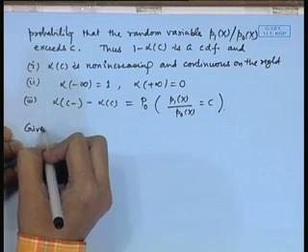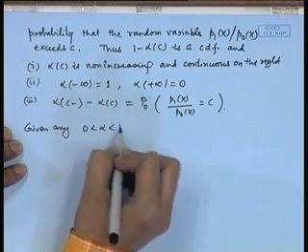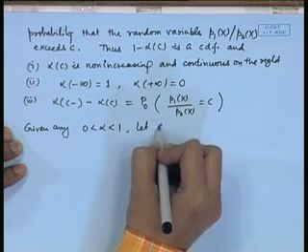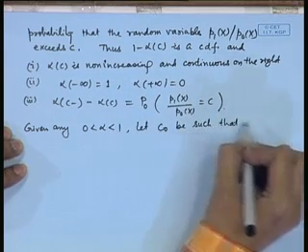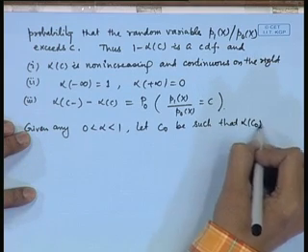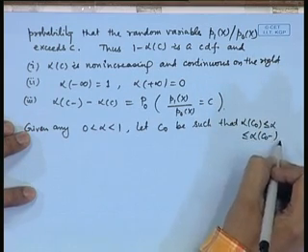So given any alpha such that alpha is between 0 and 1, let C naught be such that alpha C naught is less than or equal to alpha C naught minus.